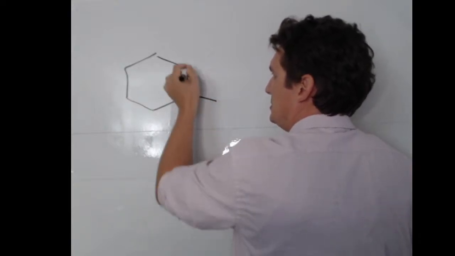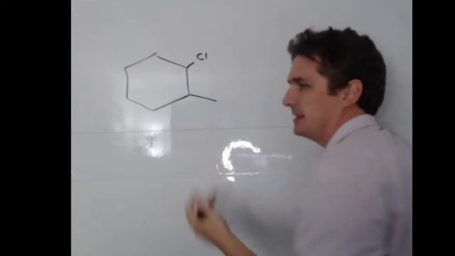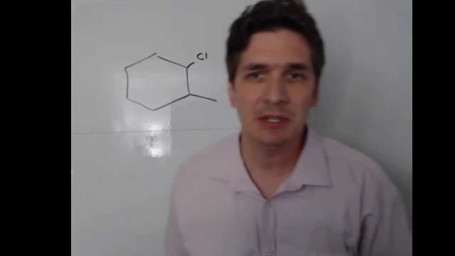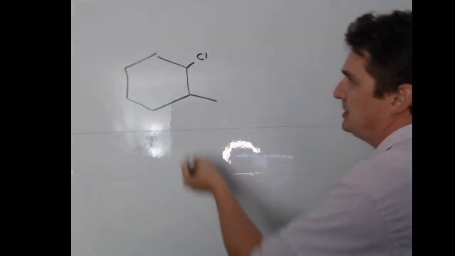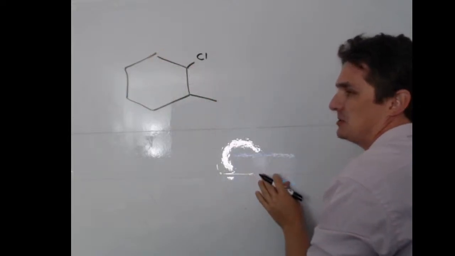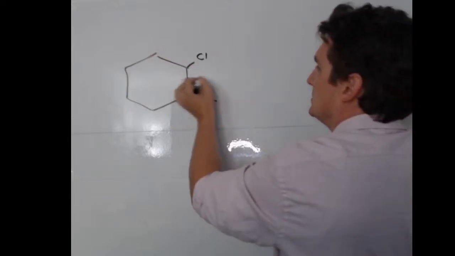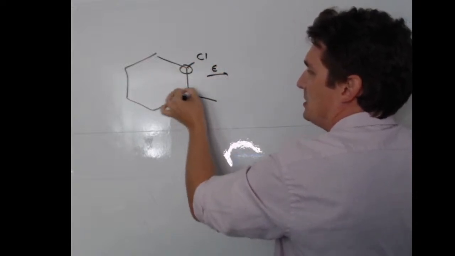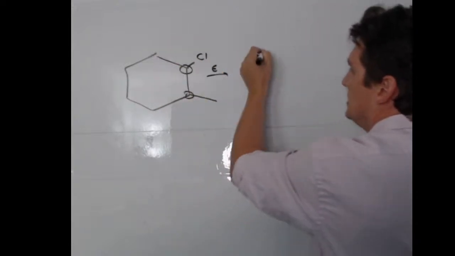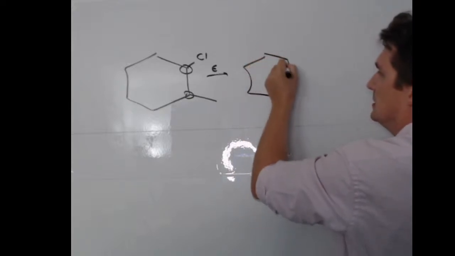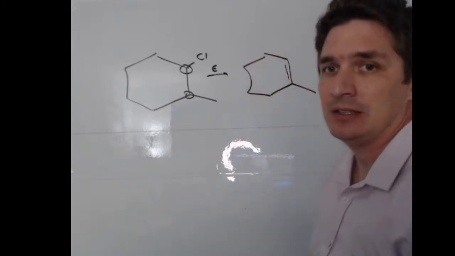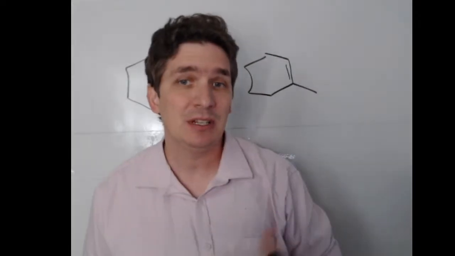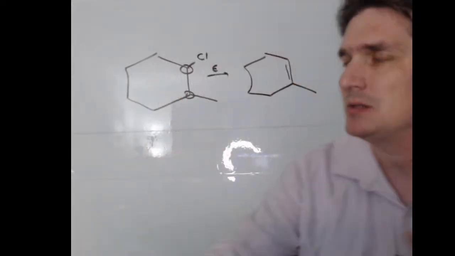When we did elimination from a halogen, from something like this, and we're not worried with the stereochemistry because we're doing elimination, we always eliminate from the most substituted carbon. So if we eliminate this, we'll pick off this hydrogen here instead of this hydrogen here, and we'll end up getting this alkene. Now, this has to do with the stability of the carbocation intermediate. Actually, this is a bad example.